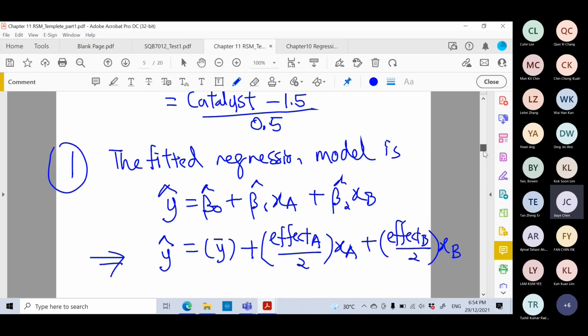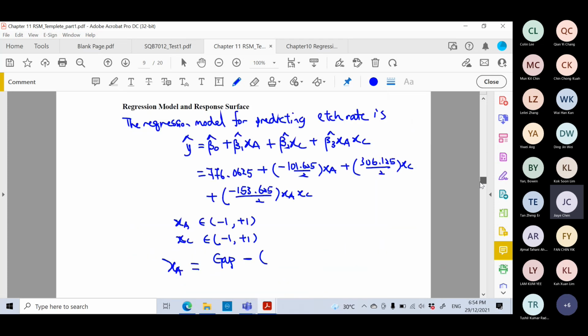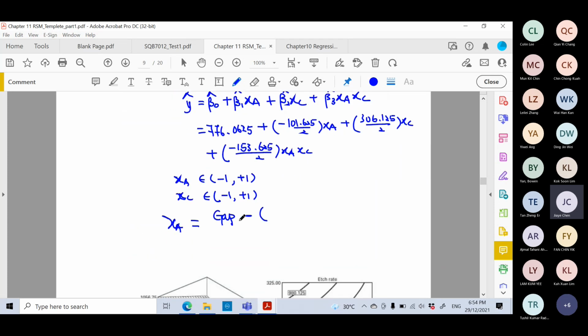So in this example for XA, it's the gap here minus (0.8 plus 1.2) over 2, divided by the difference, which is 1.2 minus 0.8 divided by 2. So it's 0.2. This is for XA.